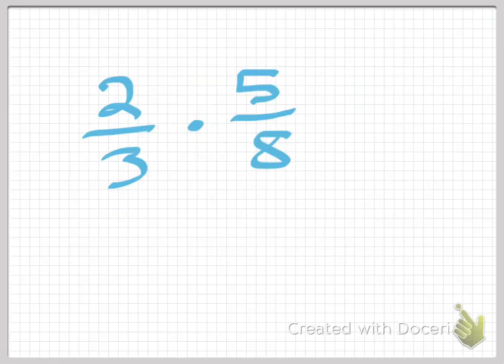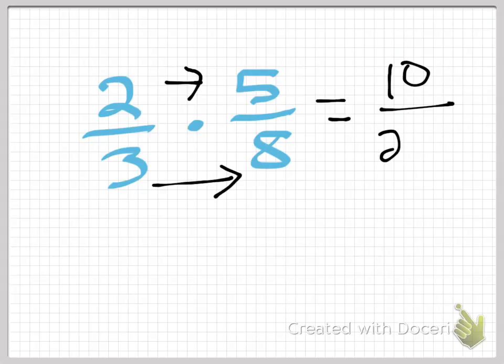Here is another one. Again, you can draw a picture for this, or do your traditional 2 times 5 is 10, and then 3 times 8 is 24. Now, is this my answer? This is an answer. It is probably not the answer that you'll see on an exam, on a multiple choice question.